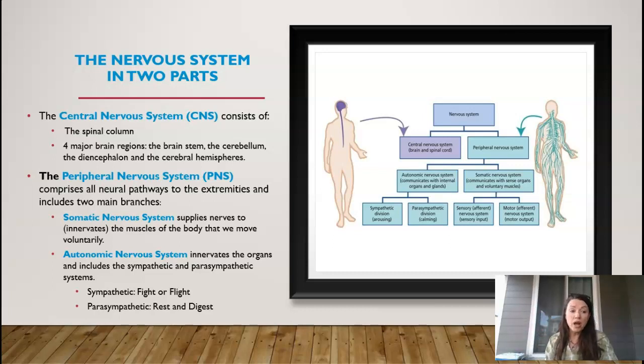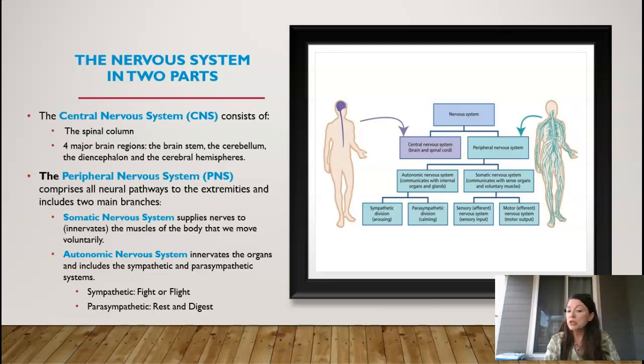The autonomic nervous system innervates the organs. Now, we don't do that consciously, right? So that's a little more involuntary. It sends nerves to the organs, and it includes the sympathetic and the parasympathetic systems. We're going to dive more into each and all of these, and all the different parts of them. So this is just an overview.